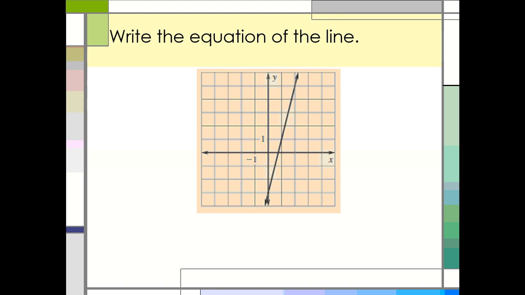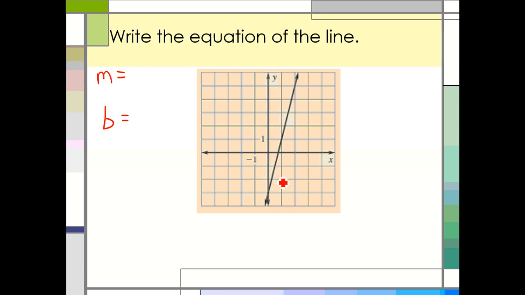So now how about writing the equation from the graph? If we think about the last slide, I knew what the slope was and I knew what the y-intercept was. From this graph, I can get those two pieces of information. The m, the slope, is your rise and your run.